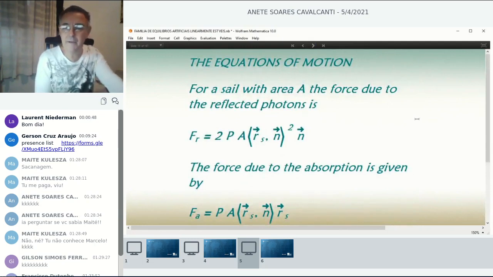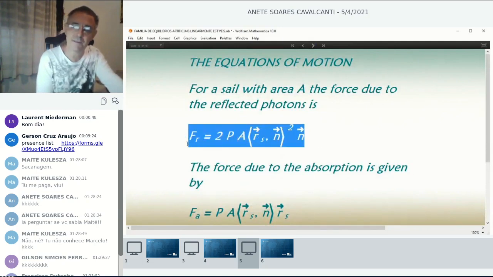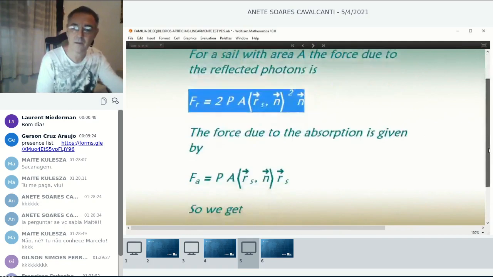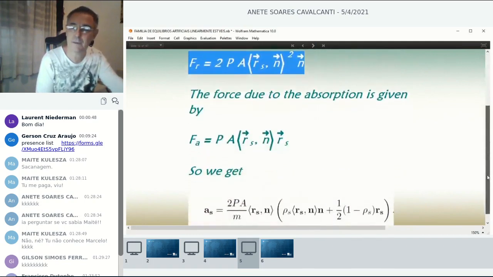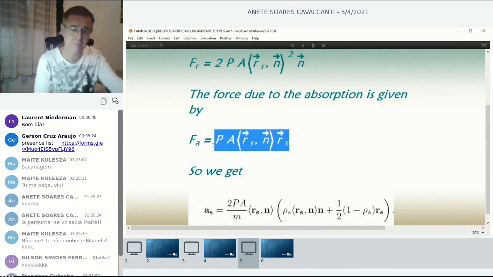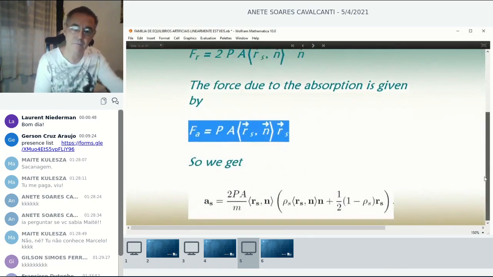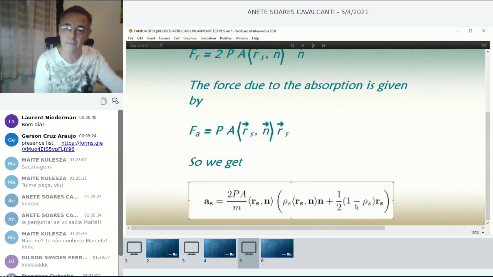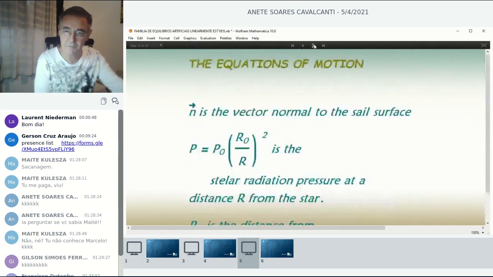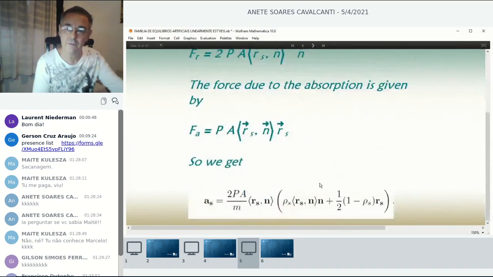For a sail with area A, the force due to the reflected photons is given by this formula here, Fr, and the force due to the absorption is given by this formula here. So you get that the solar acceleration is given by this formula down here. And as I said before, we're going to consider ρs equals 1, so the second term here disappears, and we are left with only this first part.